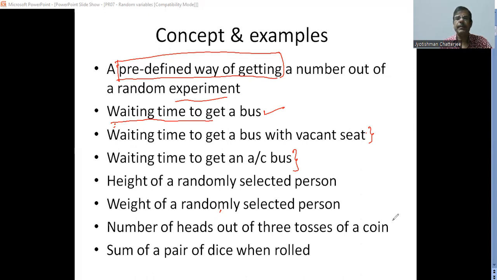That gives you a random variable. Another example: throw a pair of dice and add up the outcomes on the 2 dice, the sum of the 2 dice. That's again a random variable whose value depends on the outcome of the random experiment.